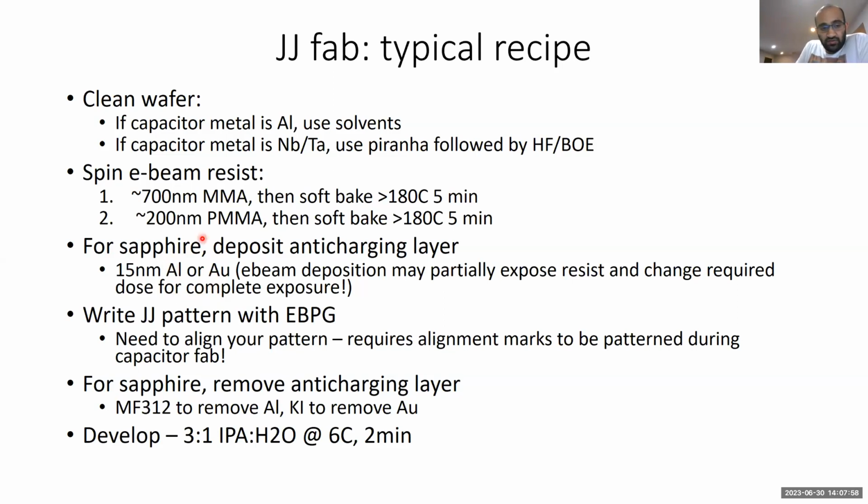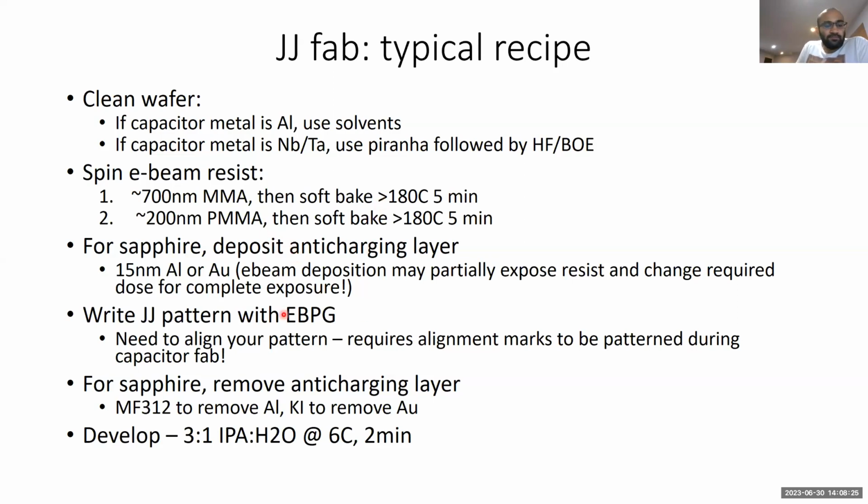So 15 nanometers of aluminum is enough, or you can deposit gold. You can do this either using a benchtop sputterer. So in our lab, we have a benchtop gold sputterer that we use to coat our wafers. We can also just deposit these using electron beam evaporation or thermal evaporation.